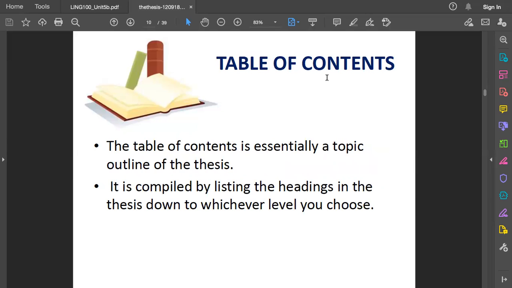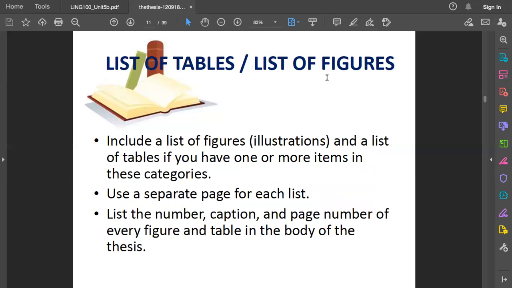Table of contents. Again, the format could be found in the research manual, or if not, you check the format in the library. Again, tips on writing this: of course, this would be easier if you already have completed your paper. My suggestion is that you print a draft copy of the paper, and that's the time that you will list down everything.